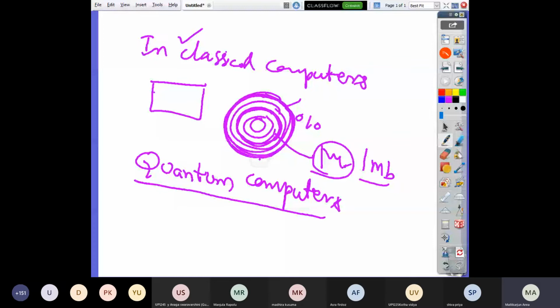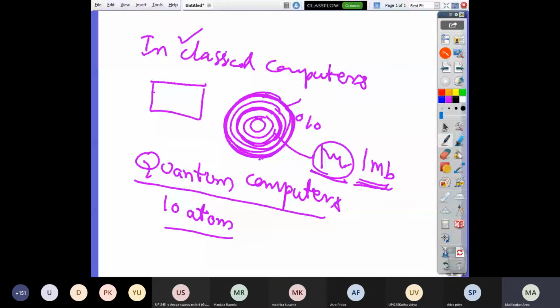But if you go for quantum computers, all this 1 MB of data can be stored within 10 atoms. Approximately, I am telling, not the exact figure, but try to understand. I want to explain the difference between classical and quantum computers. Here only 10 atoms are used to store 1 MB of data. That is the difference.